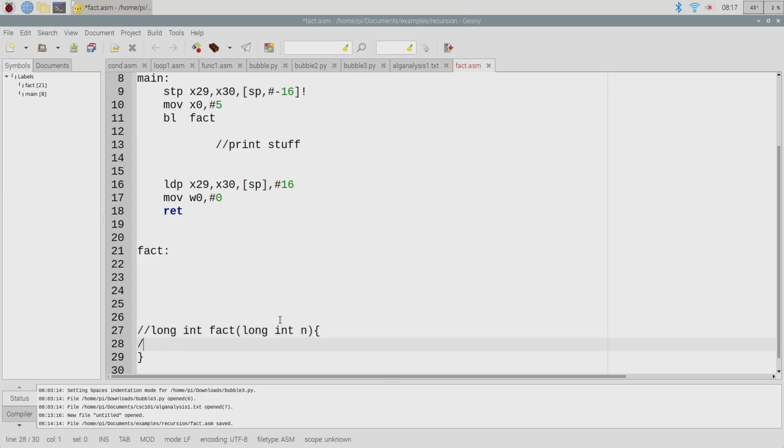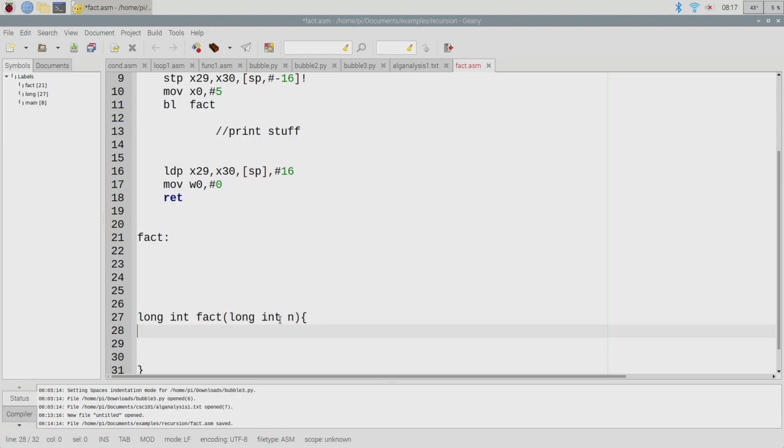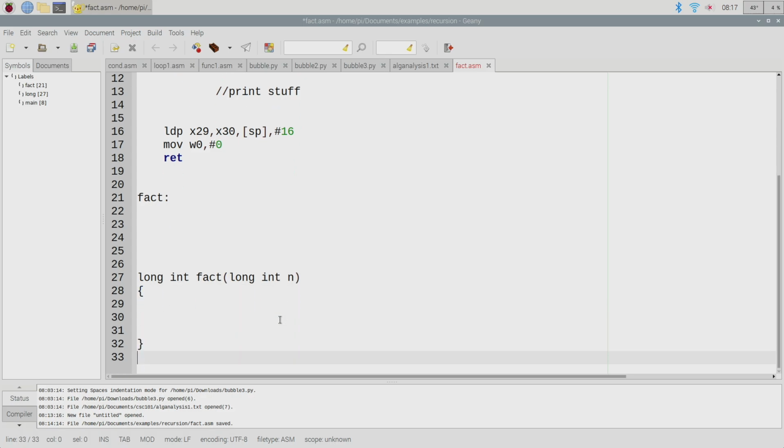Let me put some comment bars here. I'll put the comments in later. What was the definition of the factorial function from a recursive standpoint? Well, what do we have to have in recursion just to make sure that it doesn't go on forever? Some sort of base case or base cases.